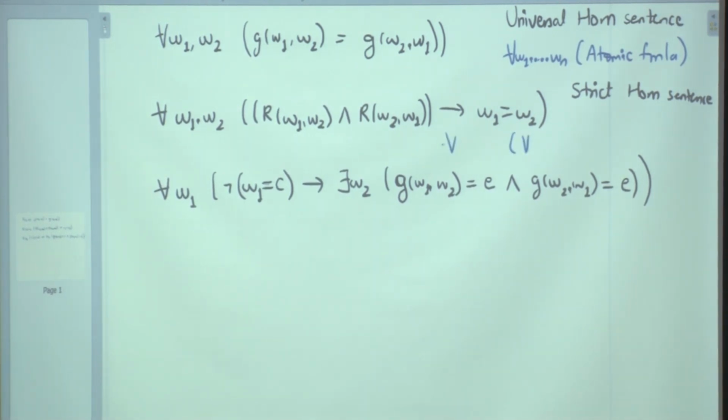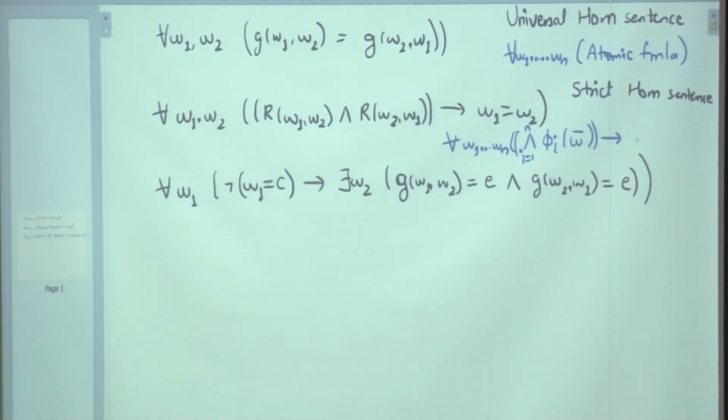So a bunch of universal quantifiers in the front, and then inside there is a conjunction of atomic formulas, some finitary conjunction, and this whole conjunction implies another single atomic formula.